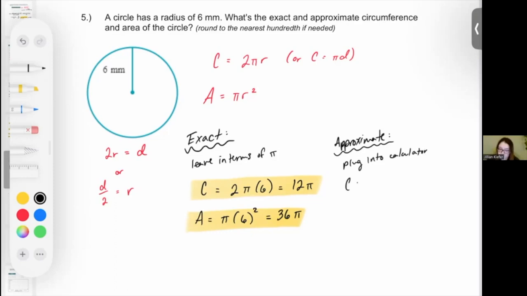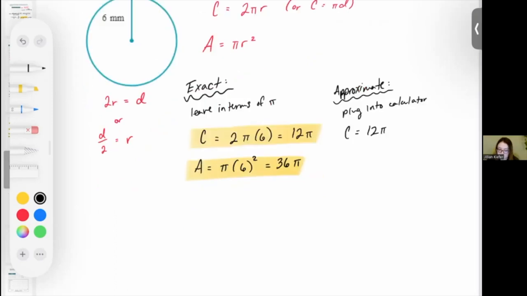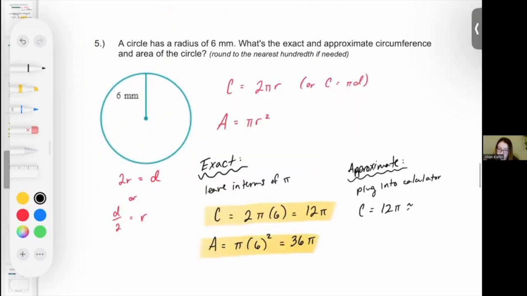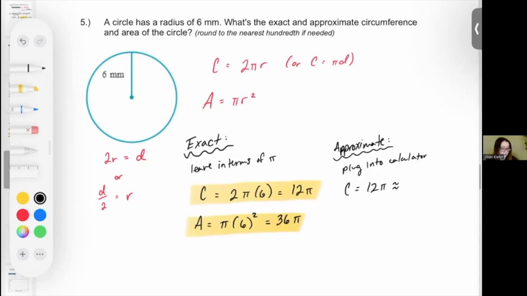We already know that our circumference is 12 pi, but we're actually going to plug into our calculators 12 times pi. Then we were told to round to 2 decimal places. So we want to make sure to do that. So come out to about 113.10. One thing that was slightly forgotten here was to add back on our units.